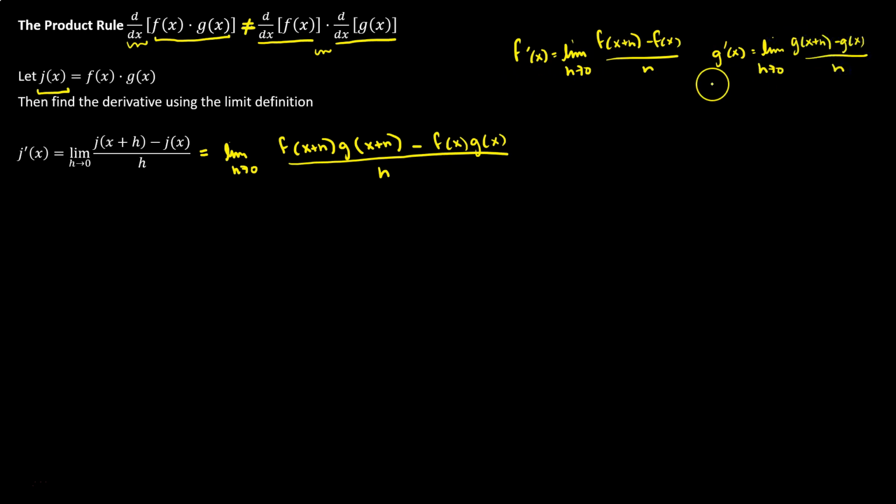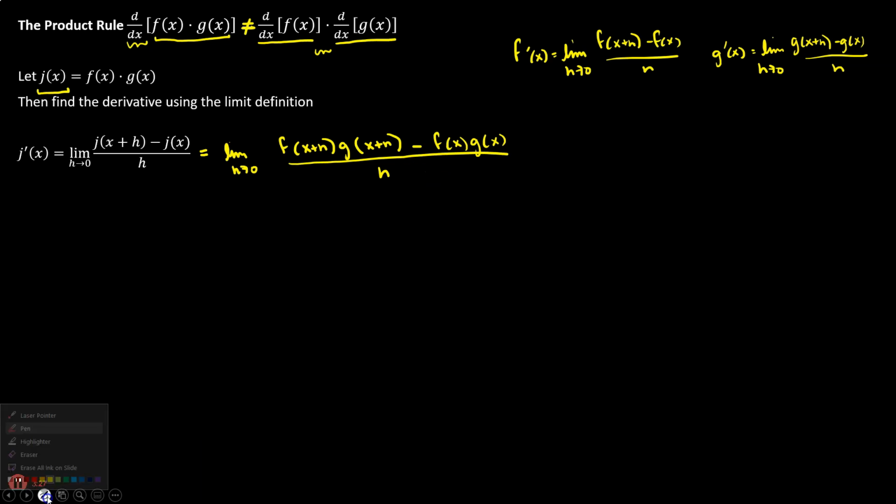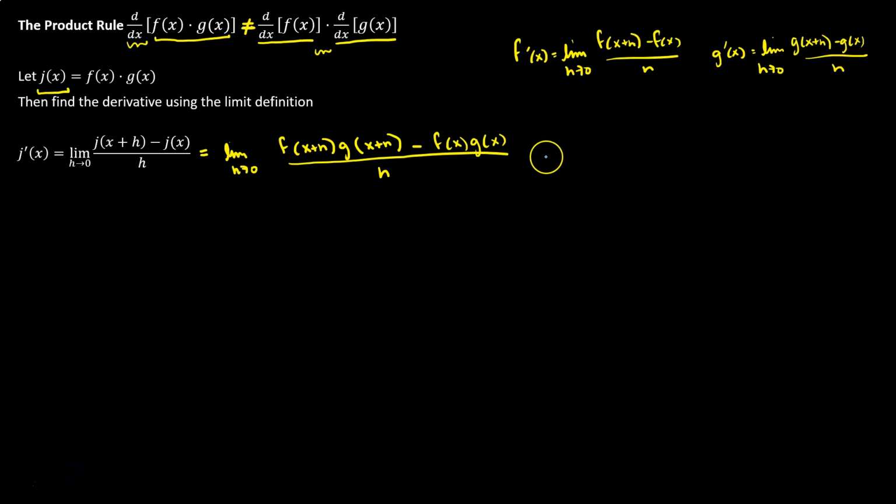So we're looking for these two expressions. And we see a lot of the things that we need in this large limit that we have written out in the center of the screen, but they're not really organized the way that they need to be. So we're going to do a little bit of mathematics manipulation here.